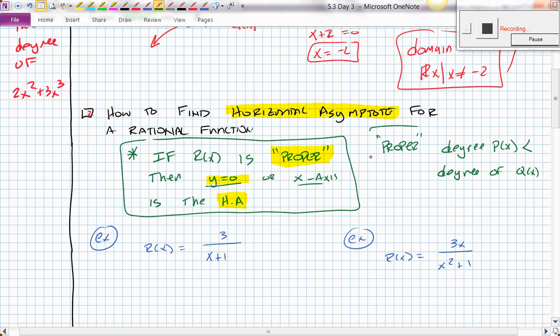So if the degree on the numerator is smaller than the degree on the denominator, then your rational function is what's known as a proper rational function. We have a fact here that if we have a proper rational function, then y equals 0 is the guaranteed horizontal asymptote.